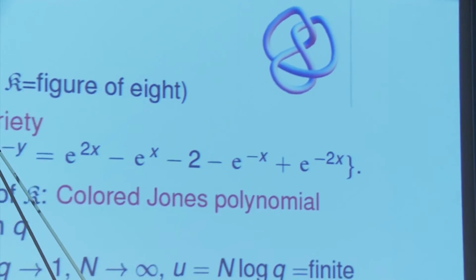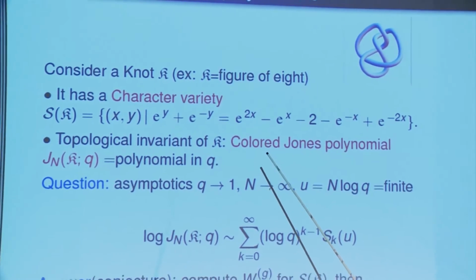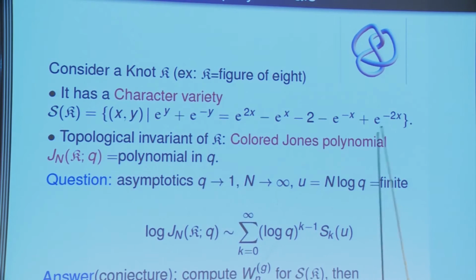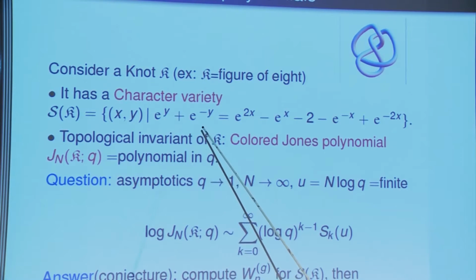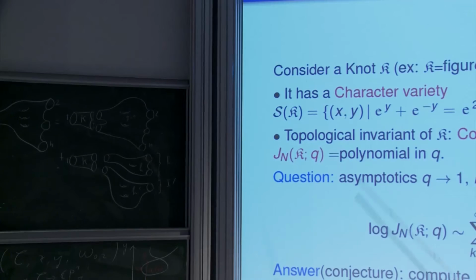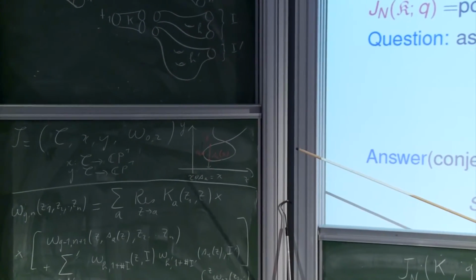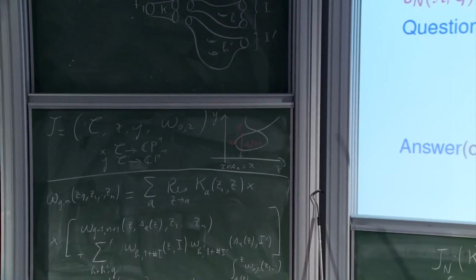And there is a notion of character variety associated to a knot. I don't want to enter the details, but the character variety of a knot is a curve. It's an equation relating x and y. Take it as your spectral curve. Apply the topological recursion.